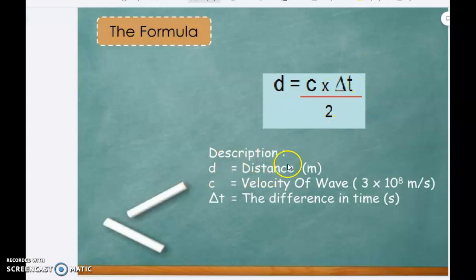Of course, d means the distance, c is the velocity of the wave, which is always given by 3 times 10 raised to power 8, as we all know, and delta t is just the difference in time, and it is in seconds. So we have to pay attention to this, as it will be required in computations.